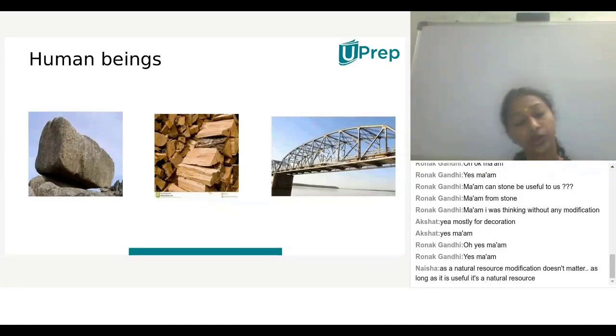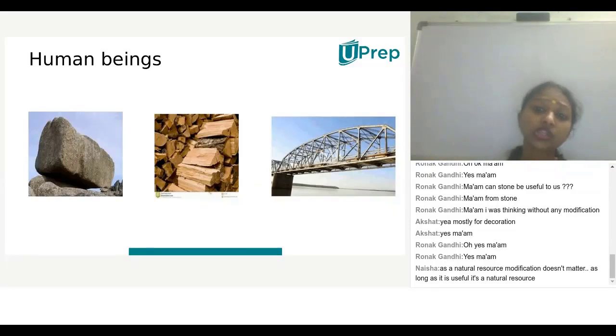Nowadays, population is more. When we see about the population, it gradually increases. If the population increases, definitely we require shelter. The area is limited.